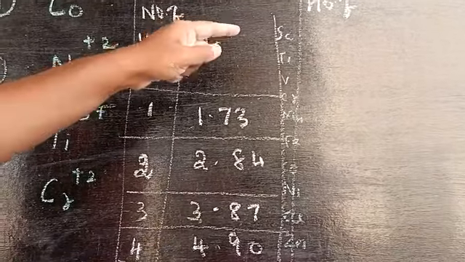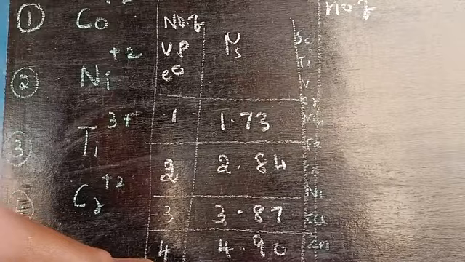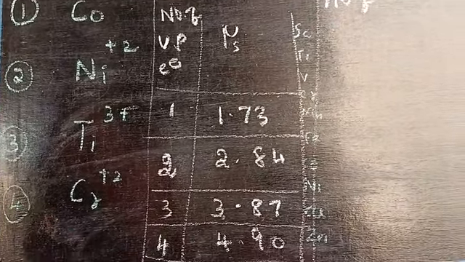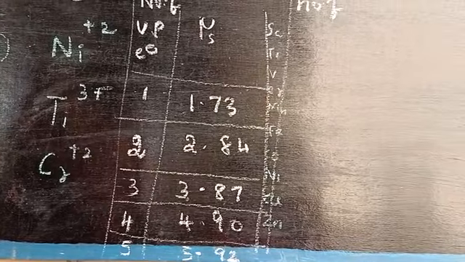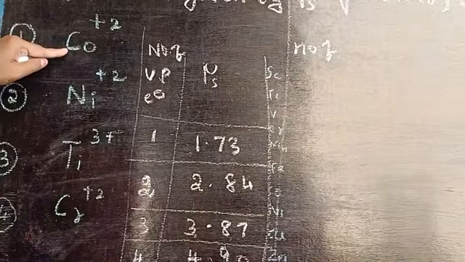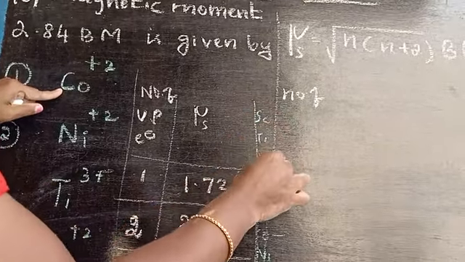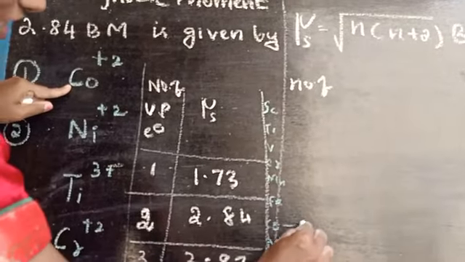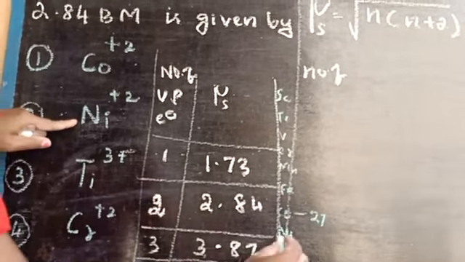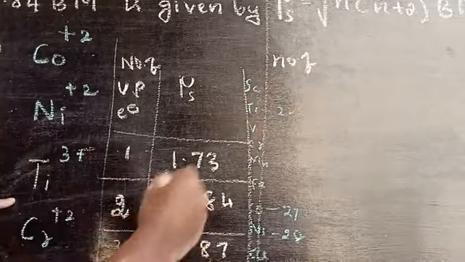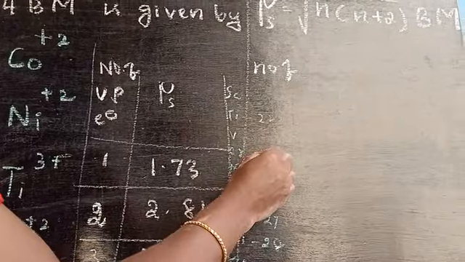Practice well, and automatically you can write the atomic numbers directly. So now cobalt: 21, 22, 23, 24, 25, 26, 27. Nickel 28, titanium 22, chromium 24.